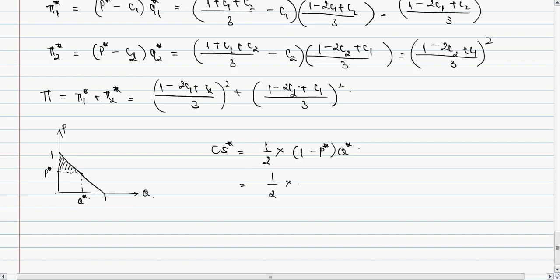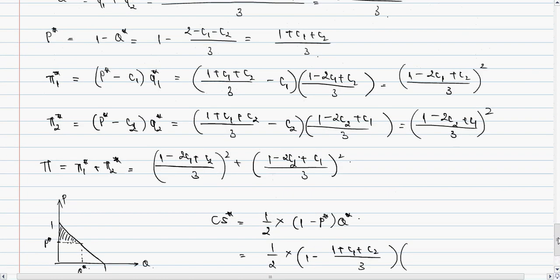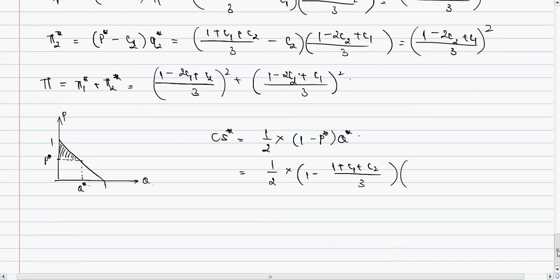Which is half multiplied by 1 minus the price, (1 + C1 + C2)/3, and the total quantity produced by both of the firms is (2 - C1 - C2)/3.